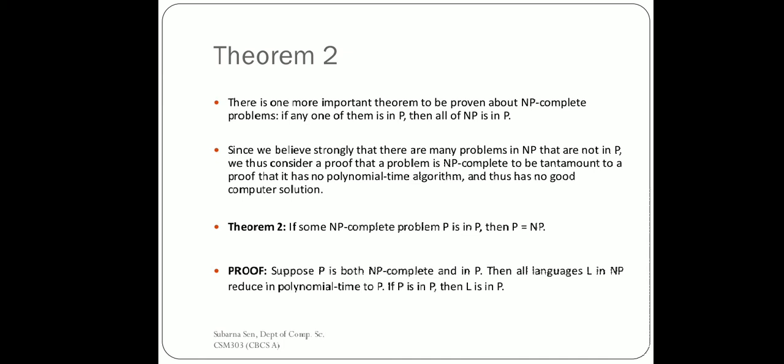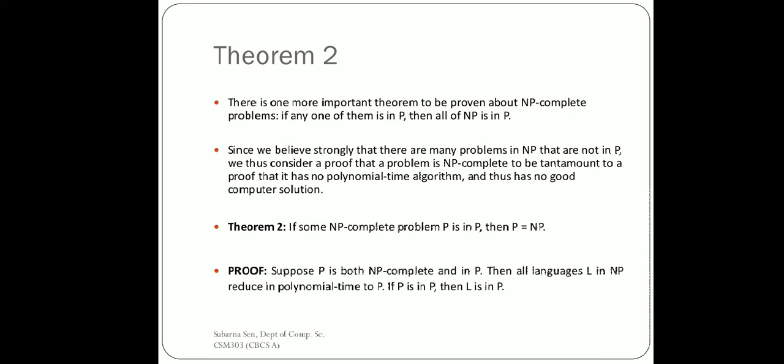That means it can be done in polynomial time using a non-deterministic Turing machine, and it can be done in polynomial time using a deterministic Turing machine.